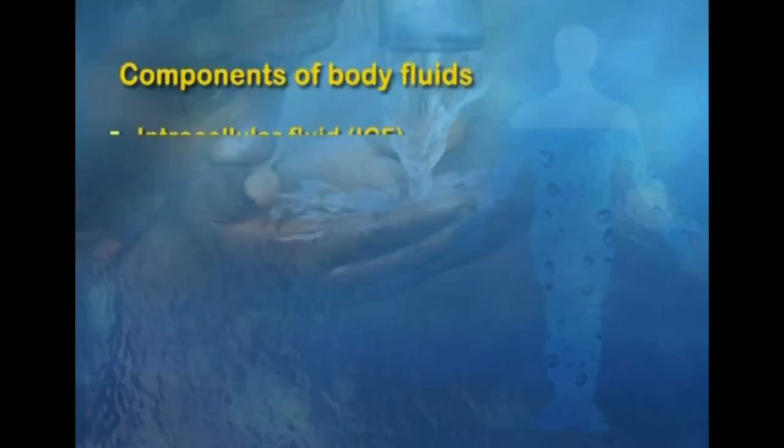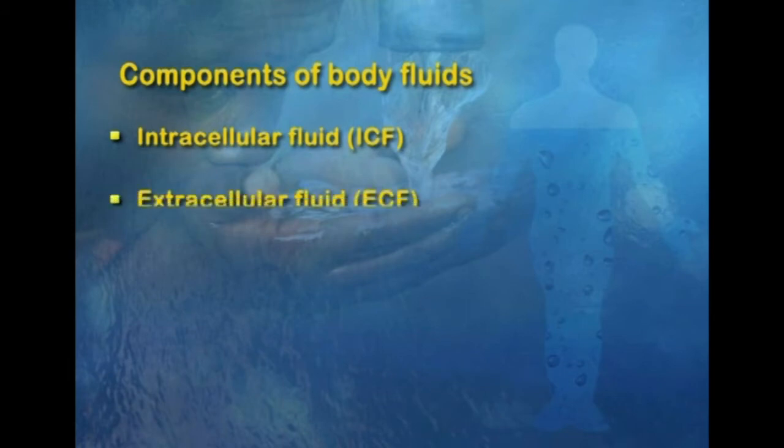The body fluids are divided into two major components. The intracellular fluid, that is the fluid which is inside the cell, and the extracellular fluid which is outside the cell. The extracellular fluid is further divided into plasma fluid, interstitial fluid, lymph circulation and the secretions of the lacrimal glands, pancreas, liver and the gastrointestinal mucosa.